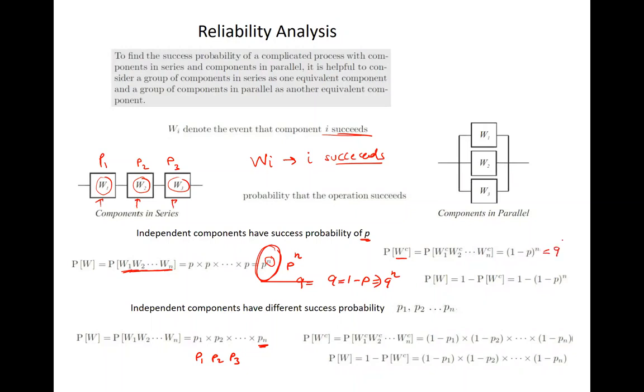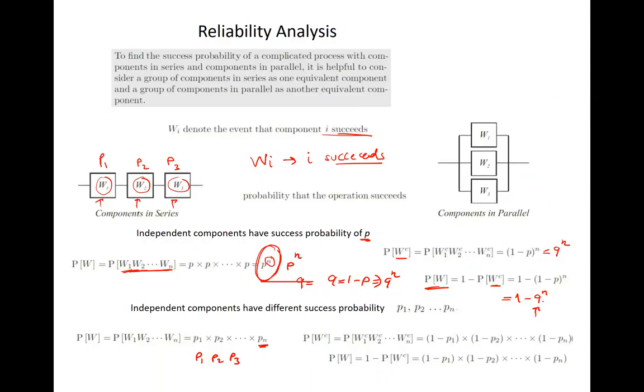So the probability of success will be 1 minus the probability of failure, which is 1 minus Q to the power n. Or we can write 1 minus (1 minus P) to the power n, where Q is the probability of failure for each component, and all components have the same success probability.